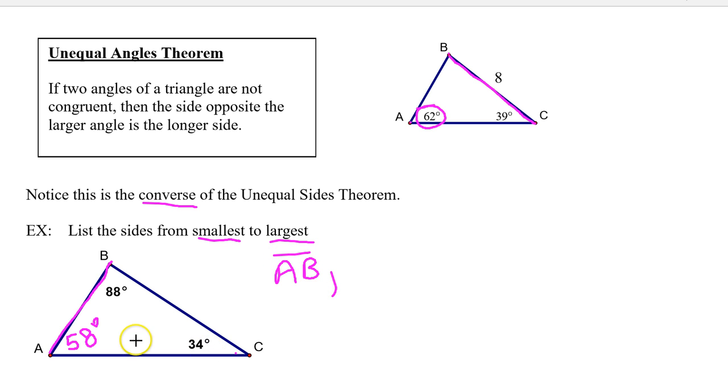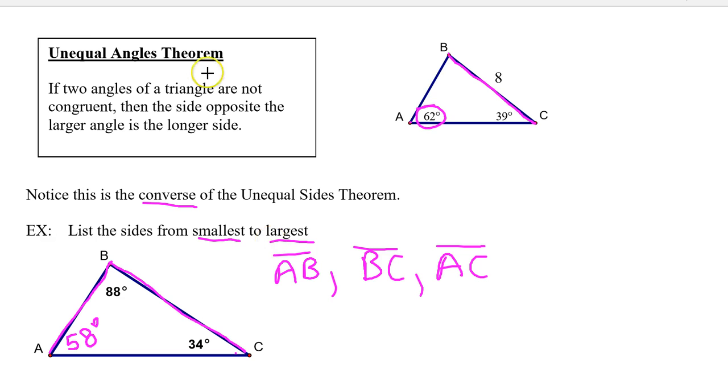Next of the three angles would be 58 degrees, and the side opposite 58 degrees is side BC, so that is our middle length side. And then the largest angle is 88 degrees, so the side opposite that is going to be our longest side, side AC. Then we have it ordered from smallest to largest.